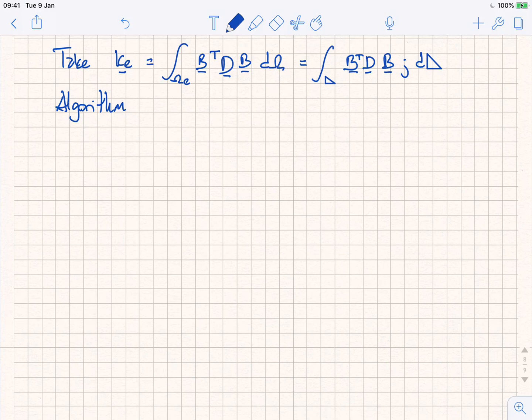When you have this 3-node element, you use 2 Gauss points, and on the master domain the length is obviously 2, so each Gauss point is assigned a weight of 1. Okay, but you're discussing integration in 1D, right? For a 3-node element, yeah. Okay. Yes, now we're discussing integration over triangles.